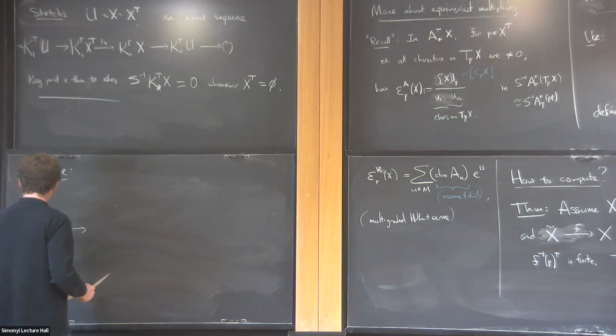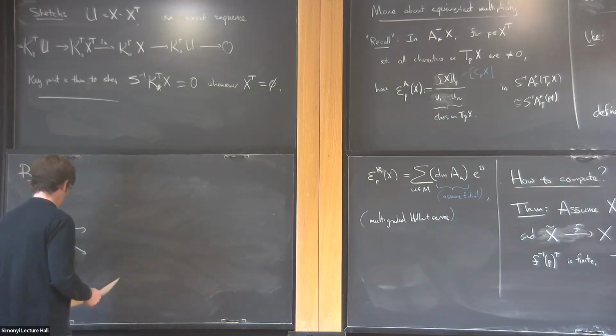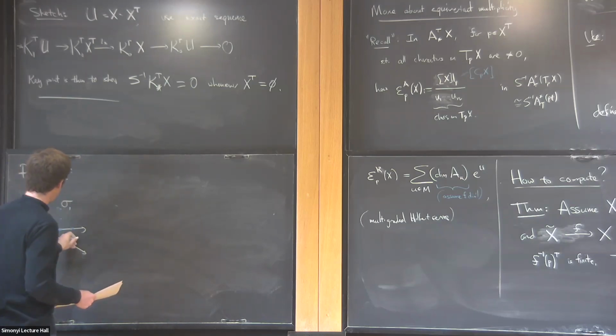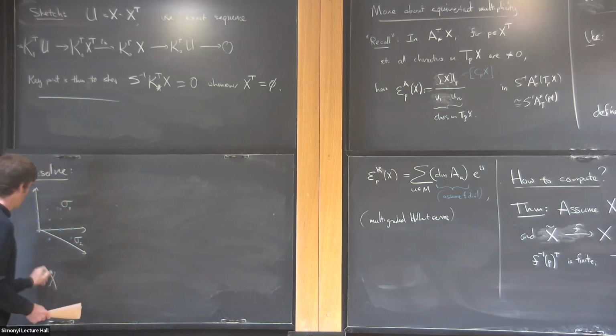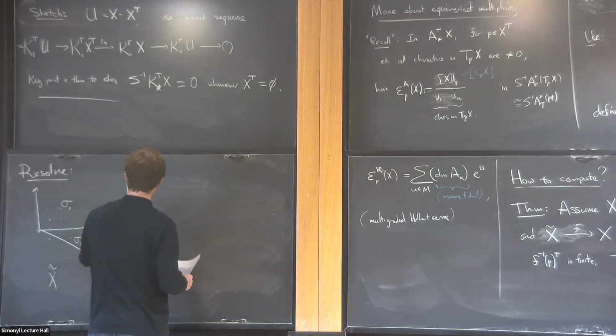So I'm going to subdivide it like so. And here I've got something that I'll call sigma 1, and here I've got something I call sigma 2. So this toric variety is essentially the blow up of the first one. And let's look at the two cones.